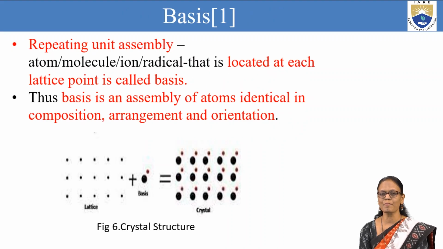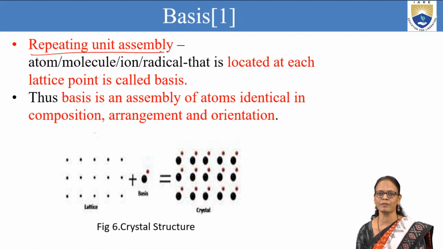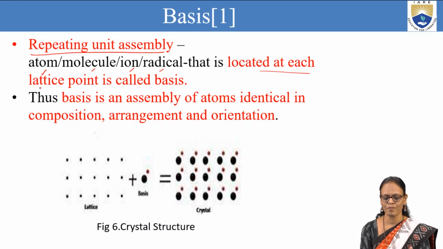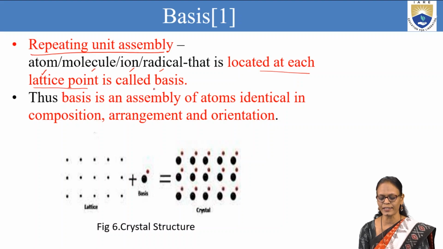So, what is this basis? A basis is nothing but a repeating unit assembly. And this assembly can be a single atom, or it can be a molecule, or an ion, or a radical. This assembly which is located at each lattice point, we call it a basis.